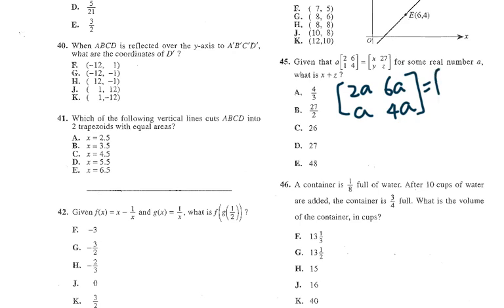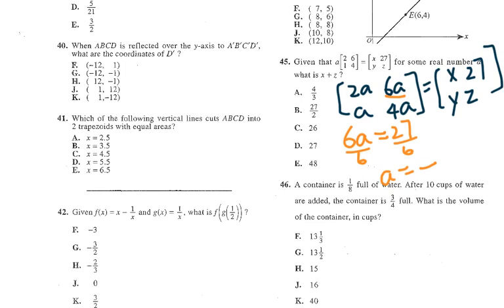It will be equal to X, 27, Y, and Z. From the given information, I can use 6A equals 27. Then divide by 6 on both sides. I will get A equals 9 over 2.